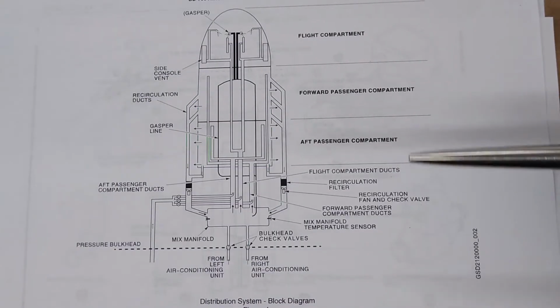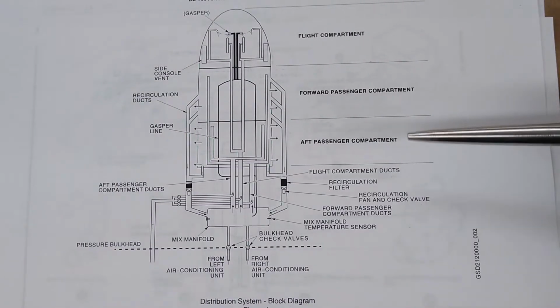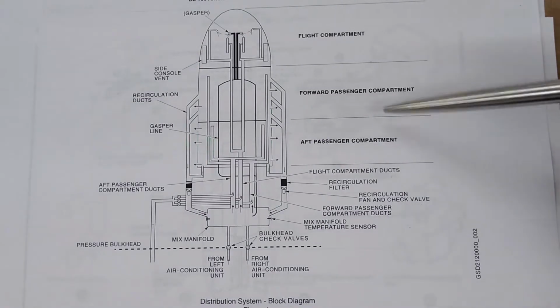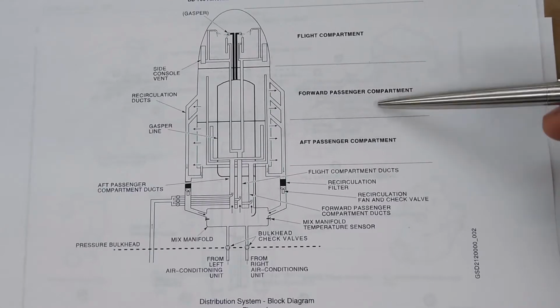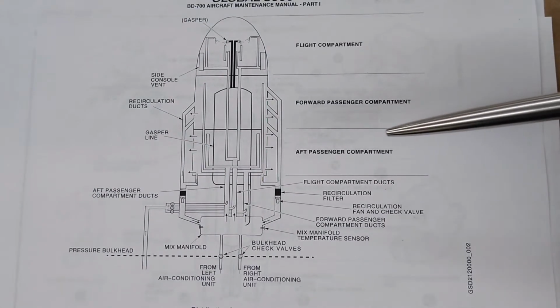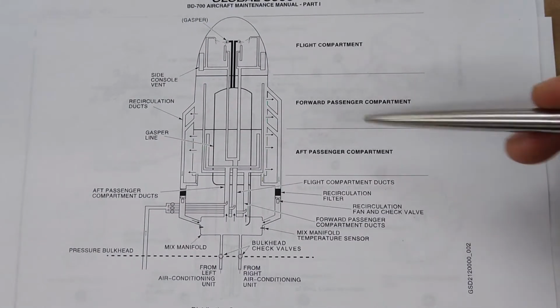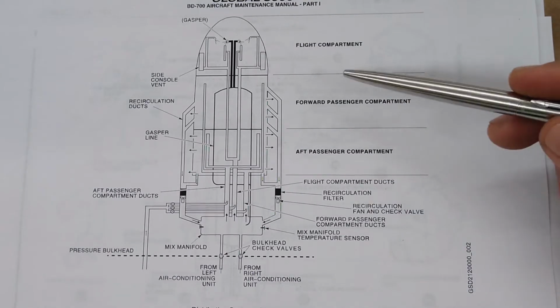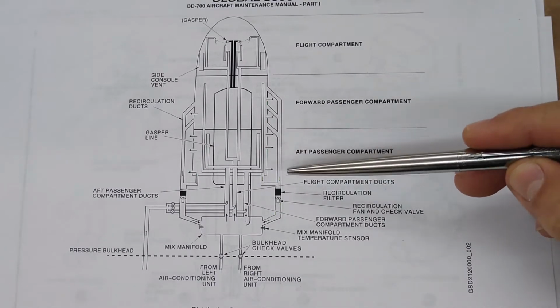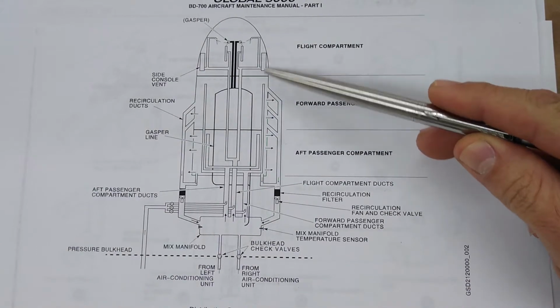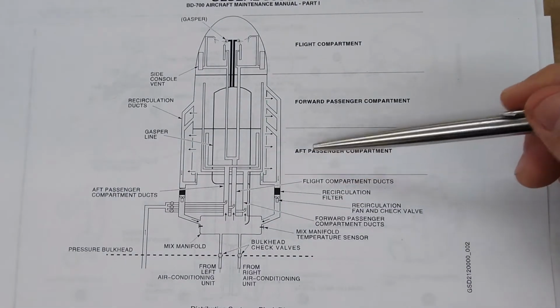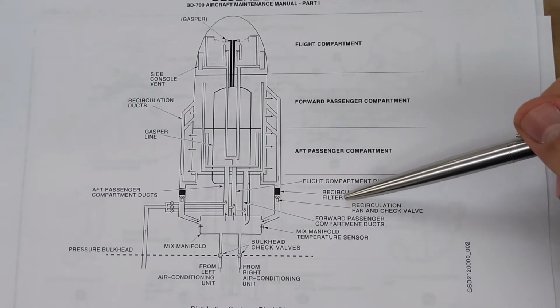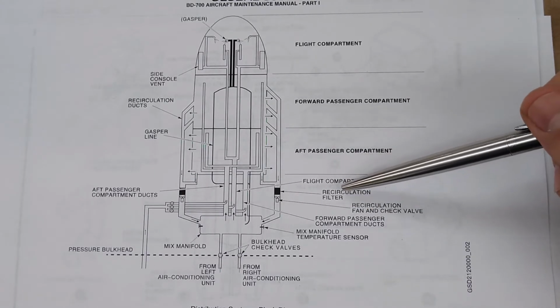If you notice in that picture, there are three control knobs for temperature, one for each of the zones in this aircraft, and they close the loop by taking temperature readings from three individual temperature sensors. And let me show you what those sensors look like, again in this particular aircraft.